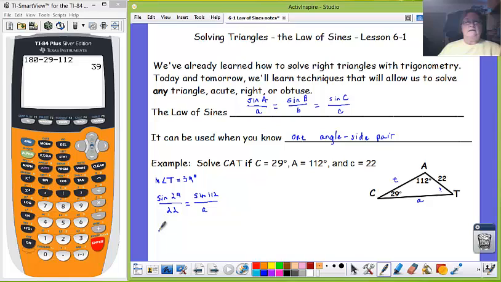We multiply diagonally. So I want to just write this, and then I'll do the work in just a moment. But the sine of 29 times A will equal 22 times the sine of 112.